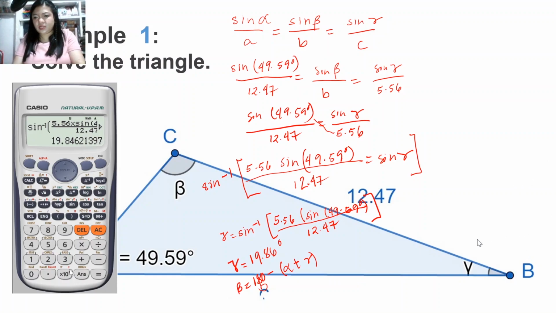Okay, so let's just subtract it from 180. So 180 minus the sum of alpha, our alpha is 49.59 and our gamma is 19.86, giving us 110.55.